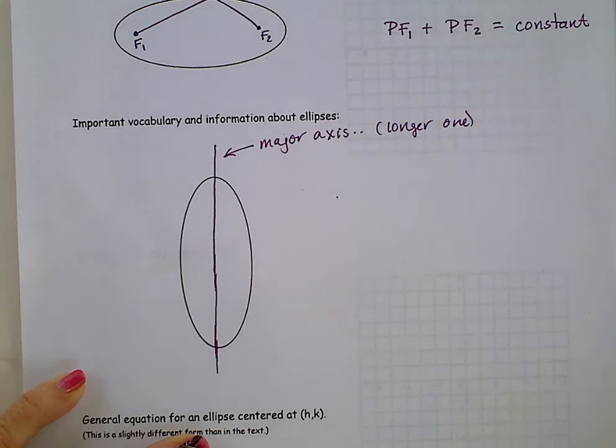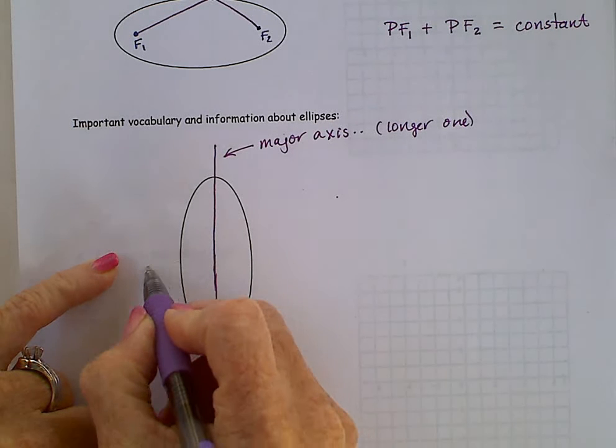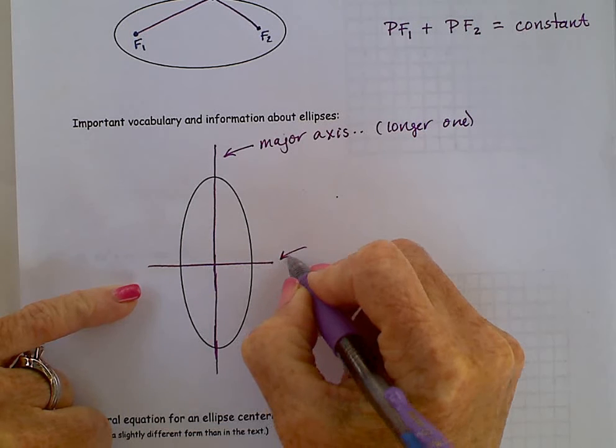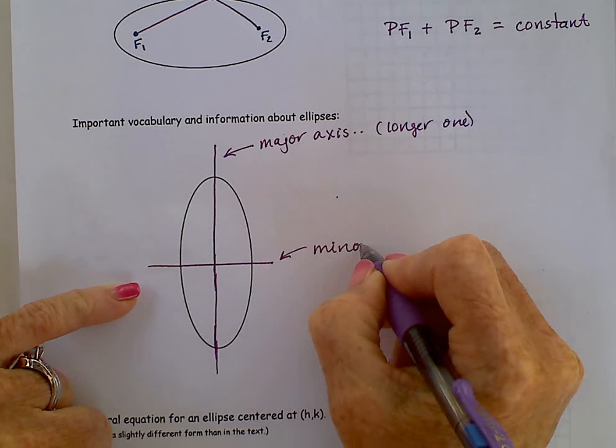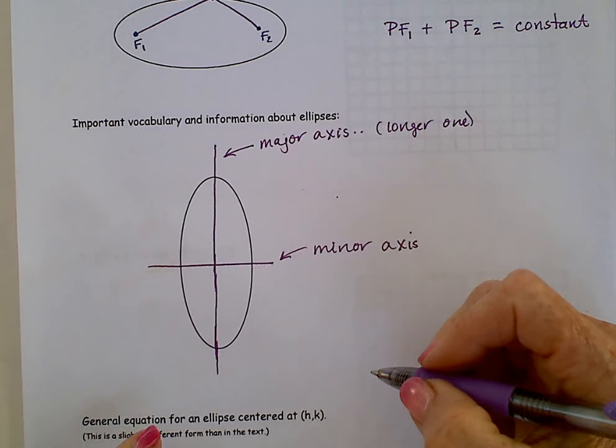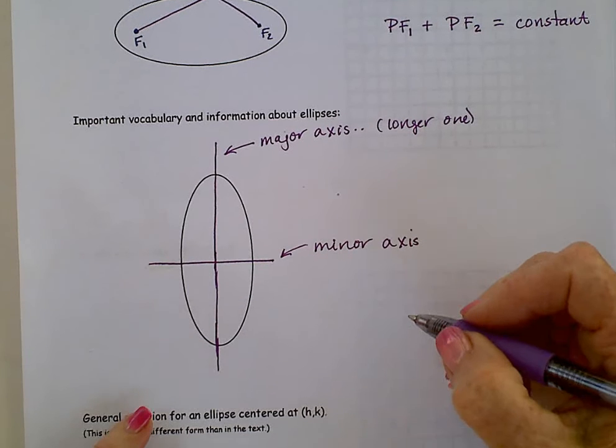A minor axis is another line of symmetry, and it's the shorter one.